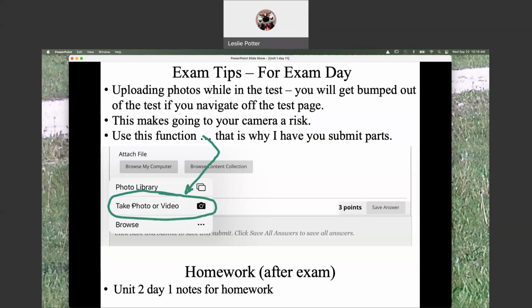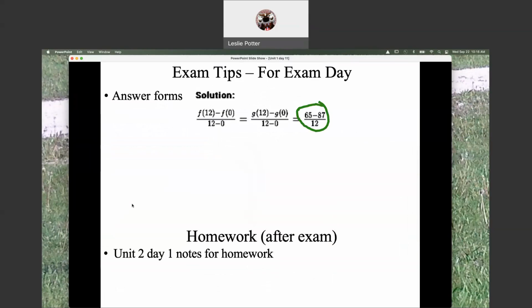Okay, so just one tip, and this is for the constructive response, and we'll get better at this as time goes on. It's really useful as a time saver.